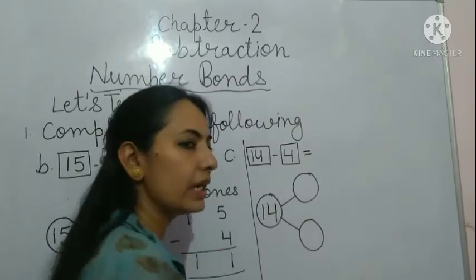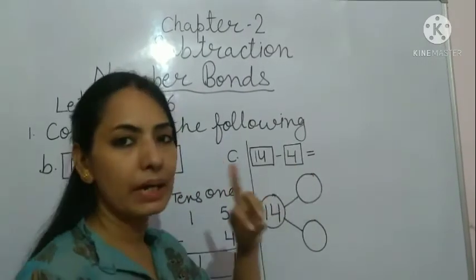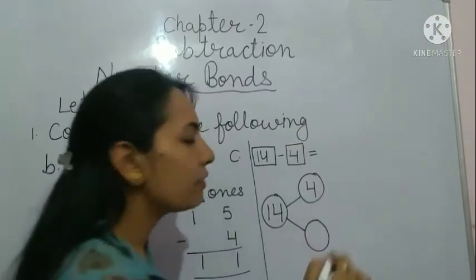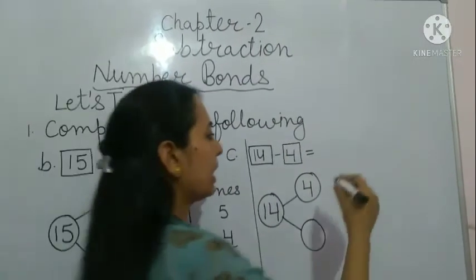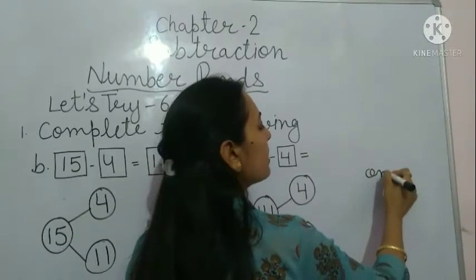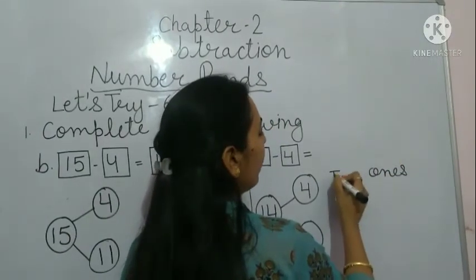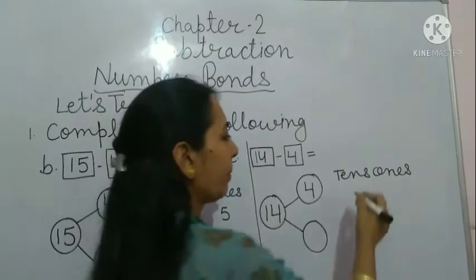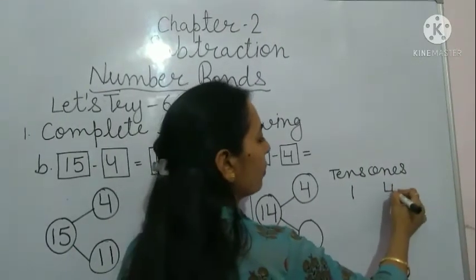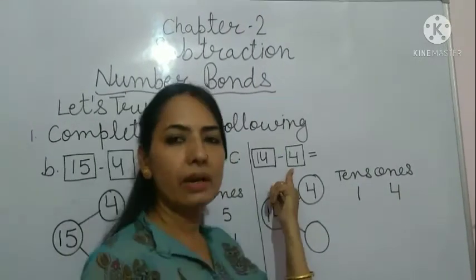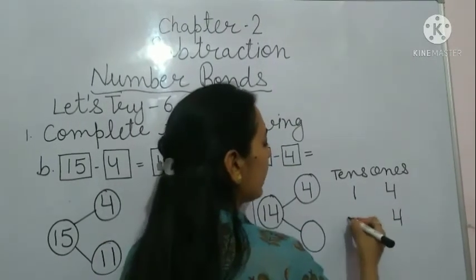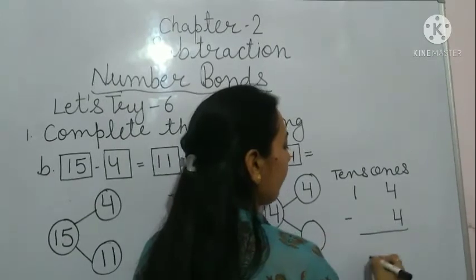Whole number is 14, and we have a part here. हमारे पास one part है, so I am going to write one part here, and we are going to solve it as our tens and ones. So we will write here tens and ones. First we will write 14 here. So 1, 4, 14, and we have 4 ones. So I am going to write it here, 4 ones, and we are going to minus it.